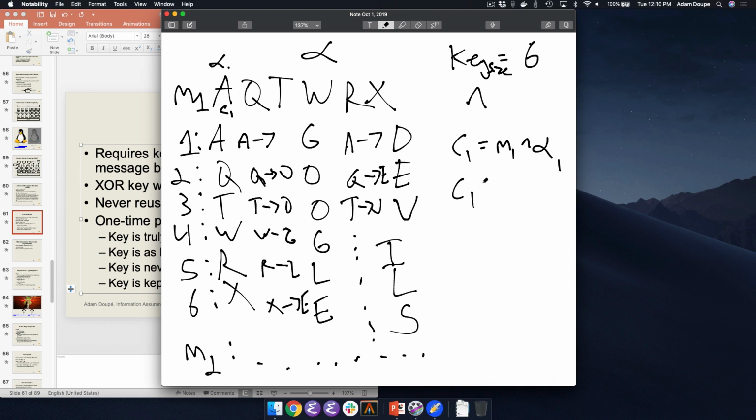By XORing it with the key. I XOR with the key and I get what? The original message, right? So XOR has this great property where it's in some sense reversible. You can do that same operation with the ciphertext and the key, and you can get the message.